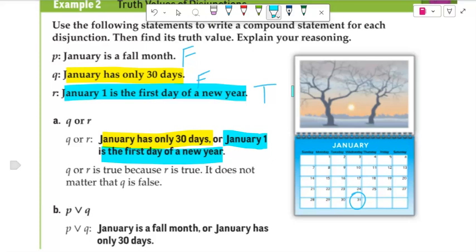So January has only 30 days, or January 1st is the first day of a new year. We've got one false statement, Q, and one true statement, R. And because only one statement needs to be true, the whole disjunction is true. And it says that right here. Q or R is true because R is true.